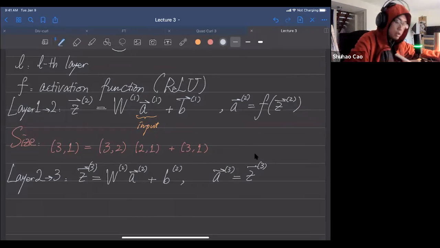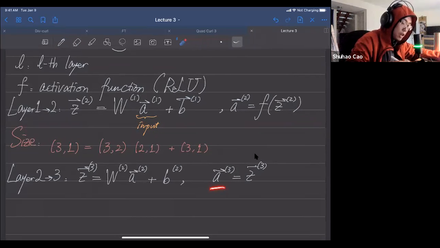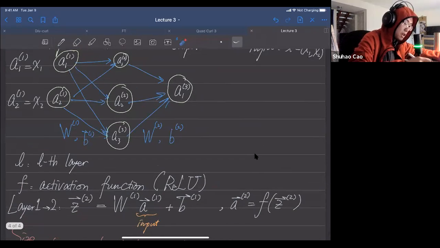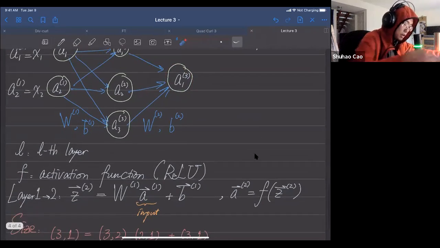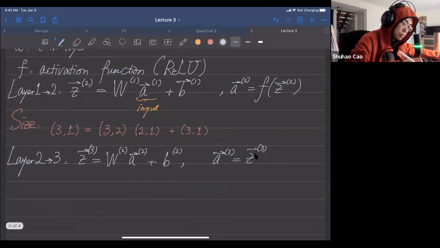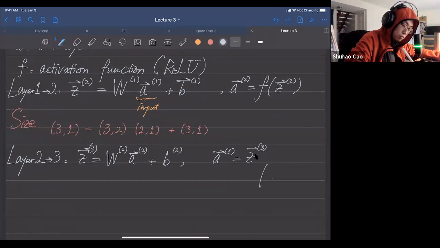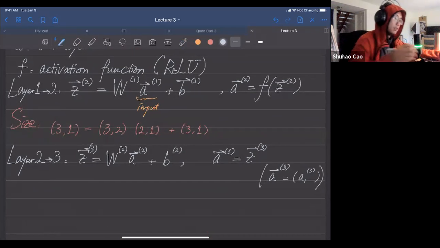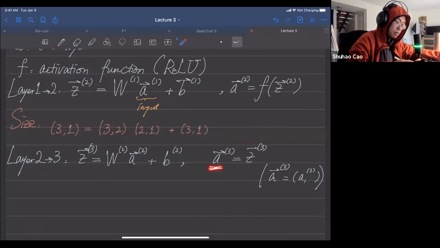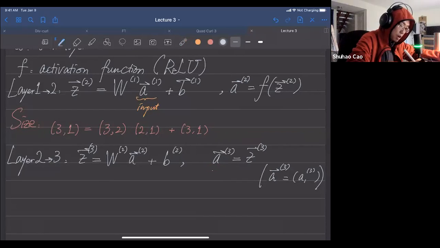And by the way, even though I'm using this vector notation, it's a scalar because it has only one component. Okay, so it's a vector of one component. And now what happens is we put this predict, which is this guy. This guy is our output.